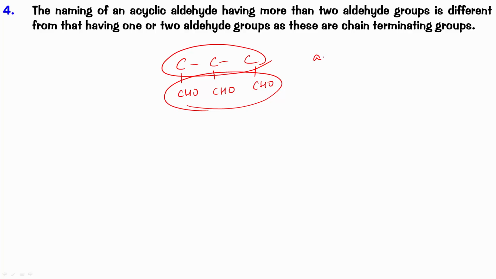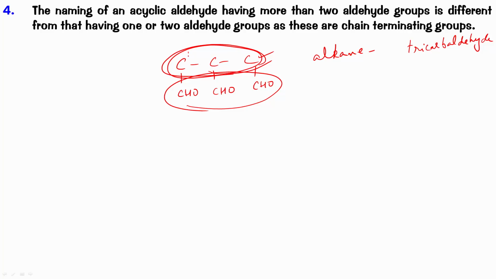We will name this as alkane, where the alkane part consists of these 3 carbon atoms, and we call the 3 CHO tricarbaldehyde. So the 3 CHOs become tricarbaldehyde and this part becomes alkane, and you have to indicate the position numbers.